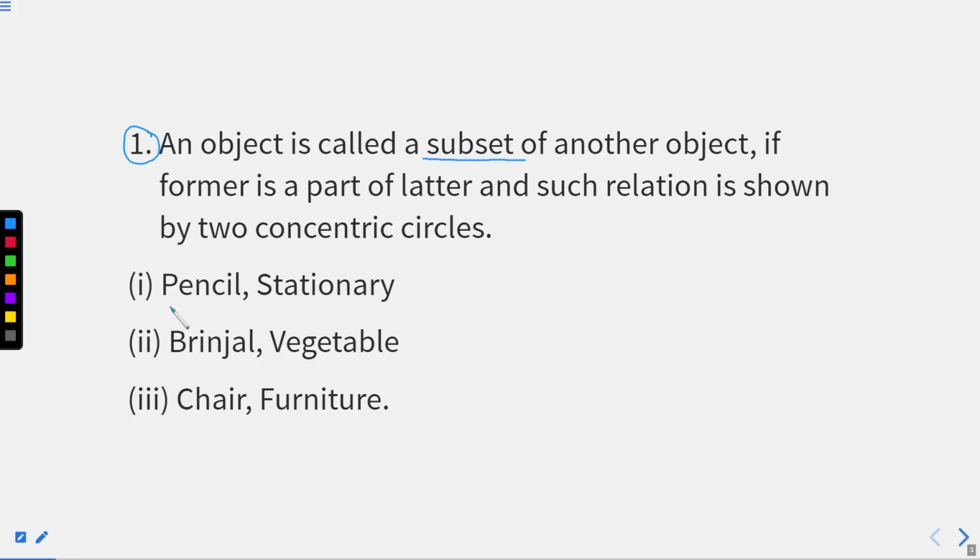Like if I show you this, in the first part, if I represent a pencil and stationery, we all know that where we find a pencil, it is definitely in stationery, right?